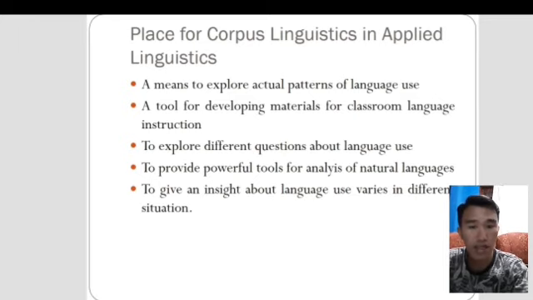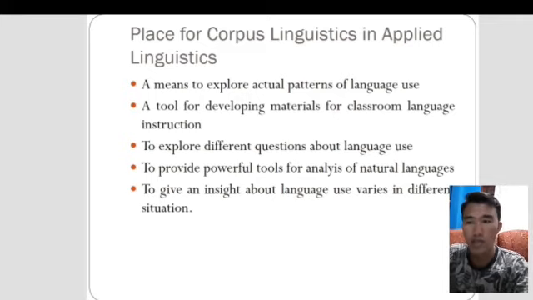So this means that we have to explore what patterns of language are used in the linguistic context, and a tool for developing materials for classroom language instruction. This is really useful as a tool when we develop language teaching and learning in the classroom, and to explore different questions about language use.